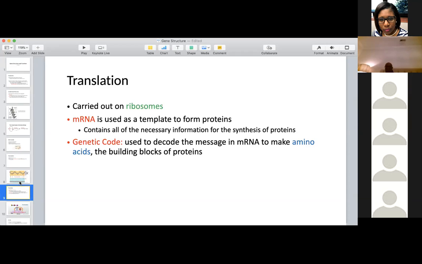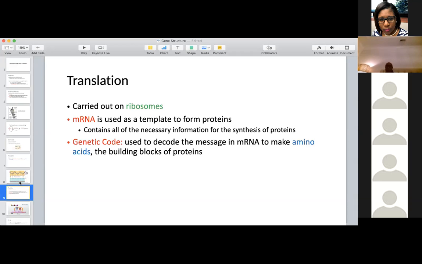So translation is carried out on ribosomes, and what's happening during translation? Very simply put, messenger RNA is being used as a template to create our proteins now. So this messenger RNA, as the name suggests, contains all of the necessary information for the synthesis of proteins.